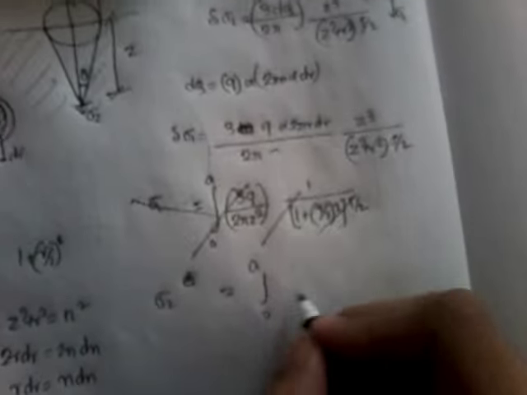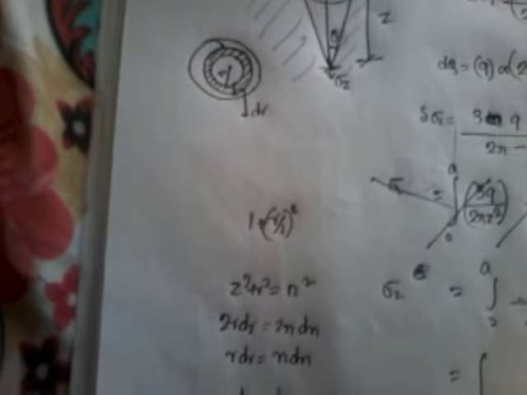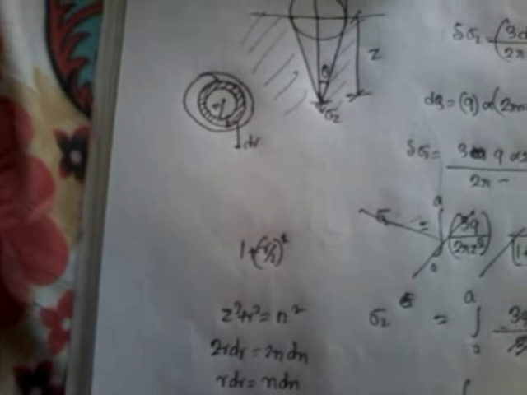Now what we get is 2 pi, so this will cancel out, and z cube r dr by z square plus r square to the power 5 by 2. Now we can change the limit of it, where there is r and here is n.